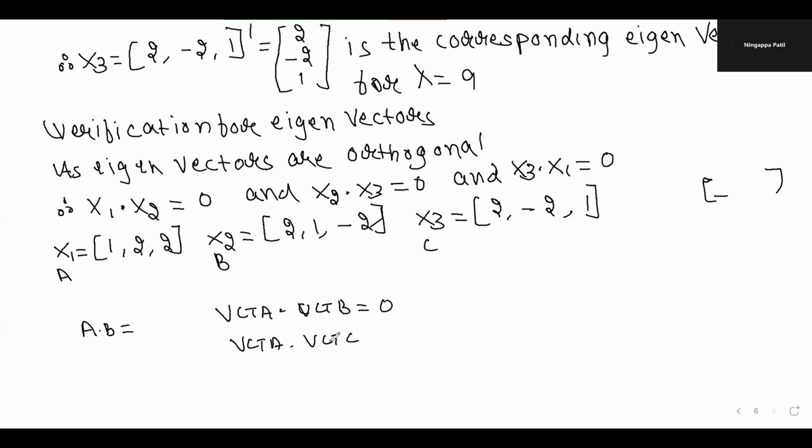Vector C. Again, shift vector, C, where is it? 5. Then vector C has come and 0. Then vector A dot vector C, 0. Then you bring the cursor here and delete this. You bring the vector B here, and that is also 0. In this way, you can make a verification. This is for your information, not for the examiner.